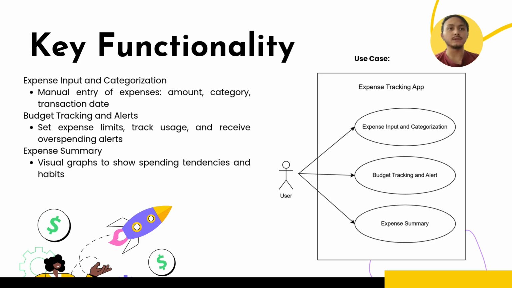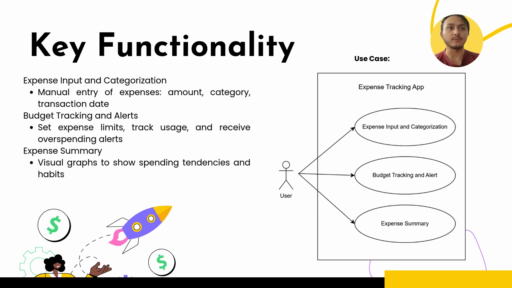So the three essential functionalities designed to enhance financial tracking are, first, our expense input and categorization feature, which allows you to manually input the expenses, specifying the amount, category, and the date of each transaction. Next, the budget tracking and alerts function helps you to set and monitor expense limits.